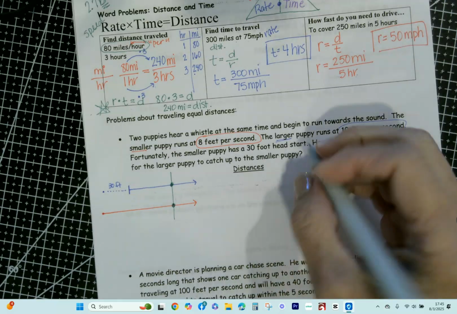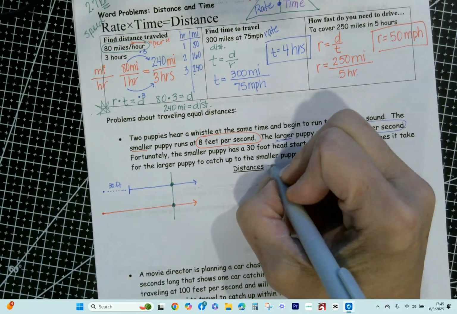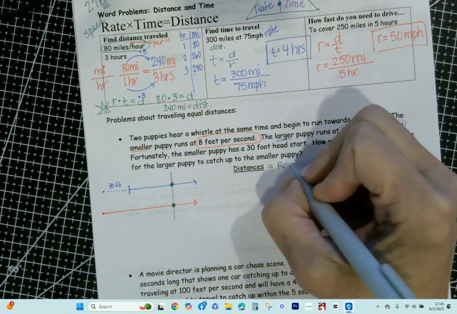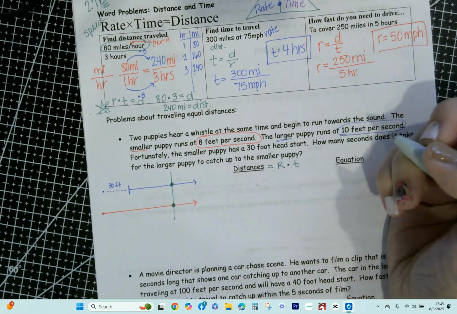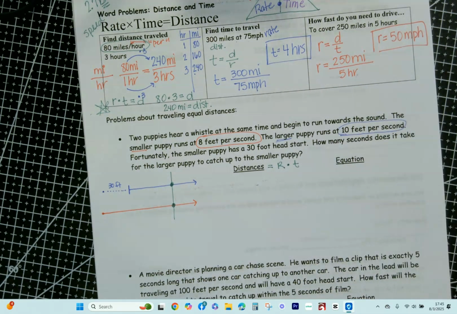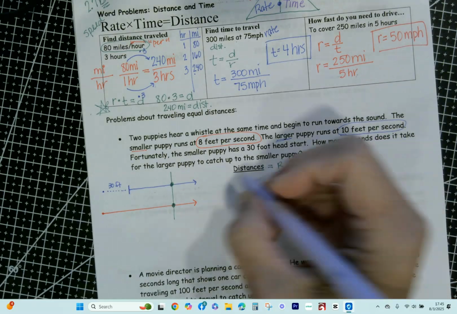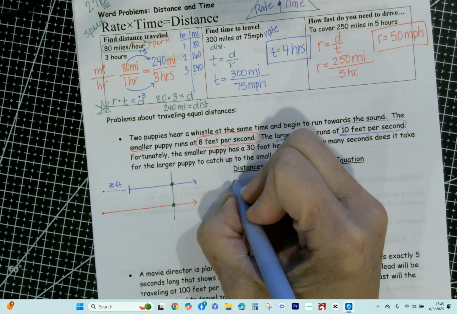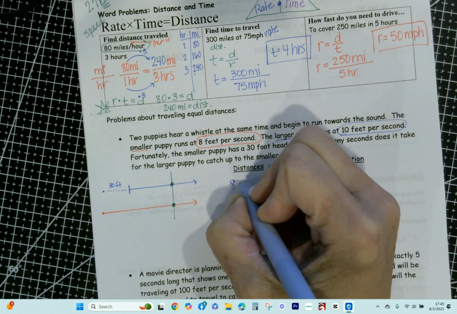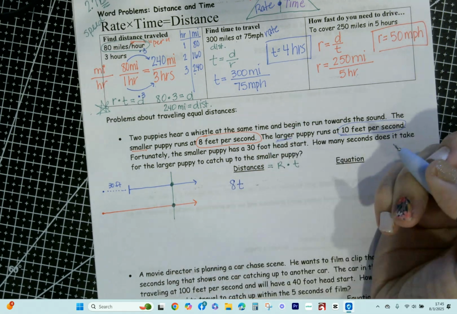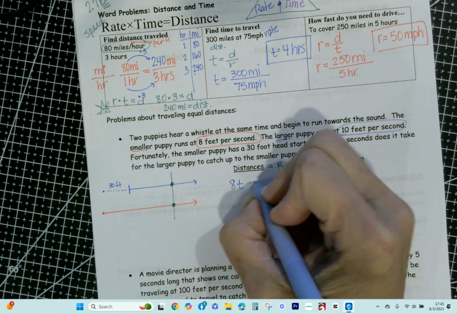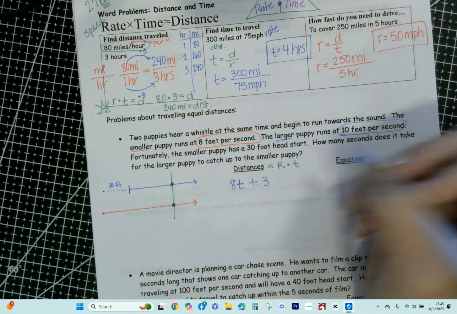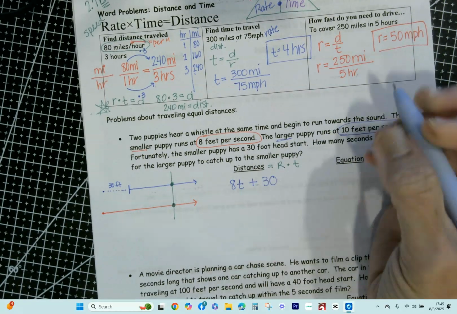We know that distance equals rate multiplied by time. Let's think about it. Smaller puppy is going 8 feet per second, so 8 multiplied by the time, but he's got a 30-foot head start.